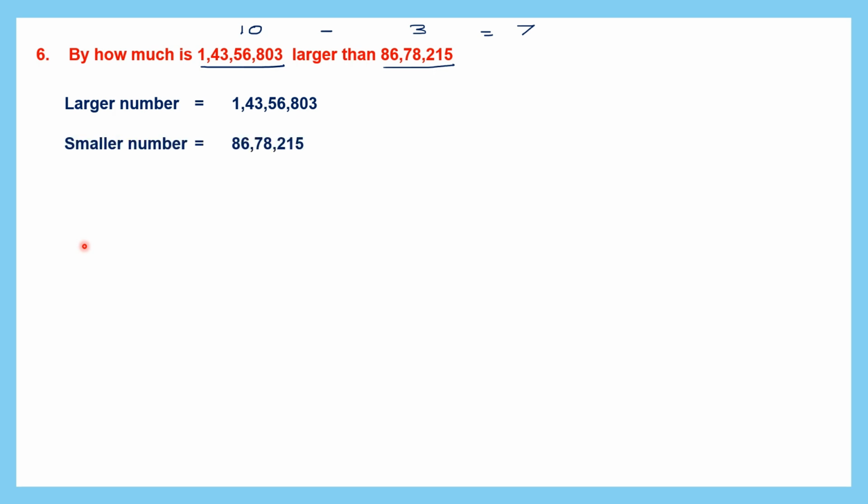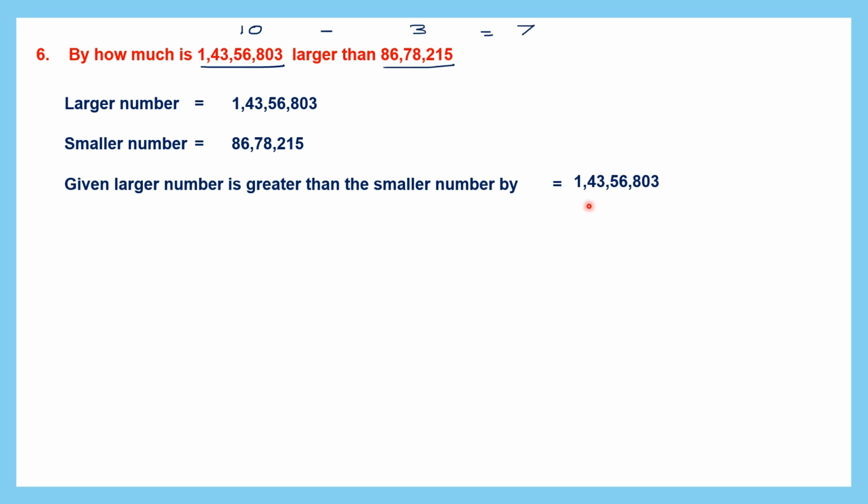And the smaller number is 86,78,215. Now the given larger number is greater than the smaller number. By how much? When we subtract these two numbers. So the first number is 1 crore 43,56,803, and from this we subtract 86,78,215. Let's do that subtraction.